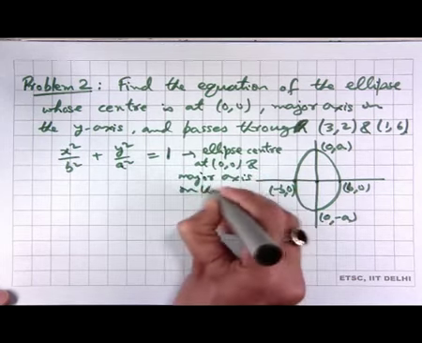Now, we are given that this ellipse passes through 2 given points. So, we can use that to find the values of a and b.